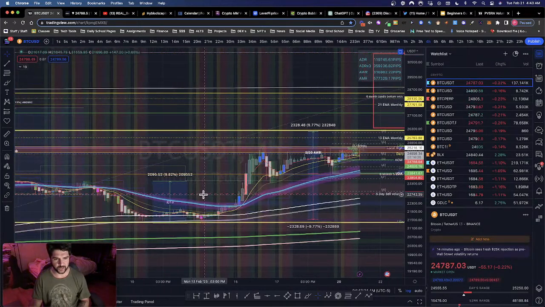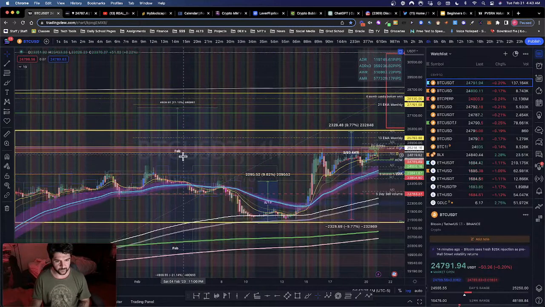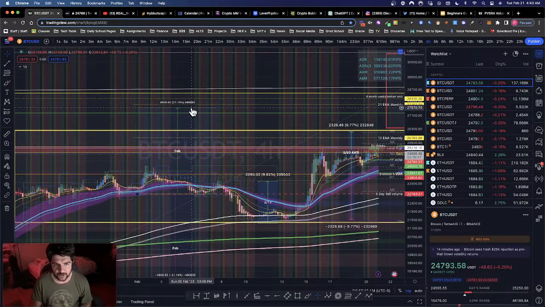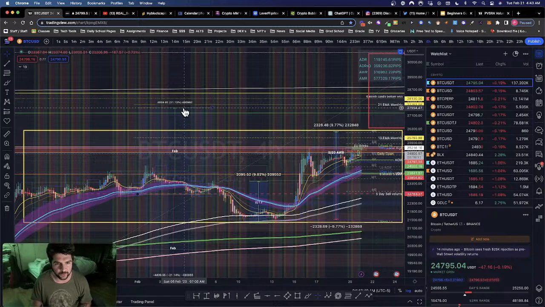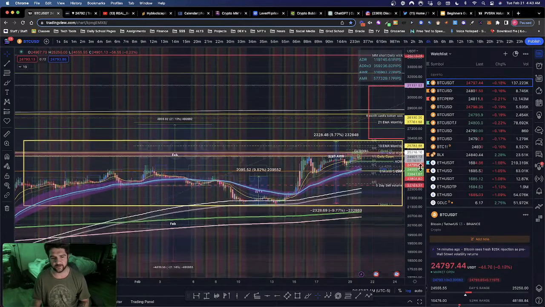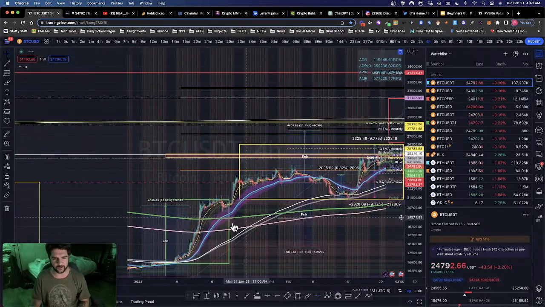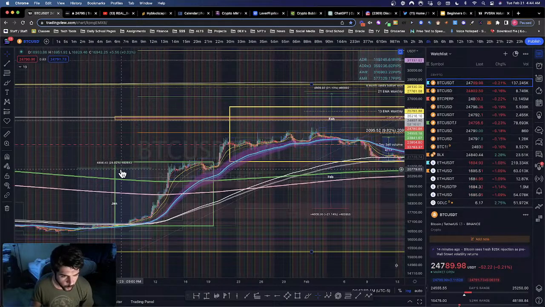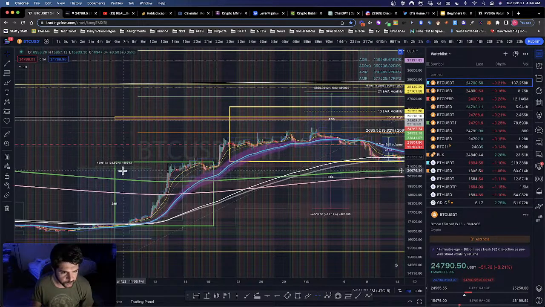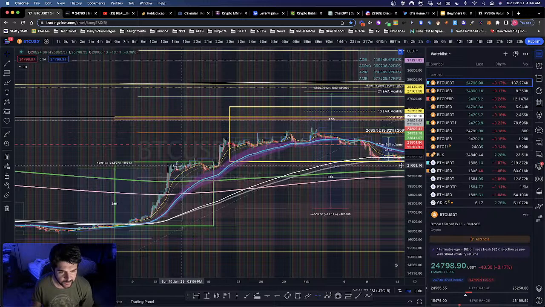So as far as AWR goes, February, this is your monthly. All right. So on your monthly, average monthly range, you could come as high as 25,570 as far as the math goes. In January, you went right to your average monthly range.